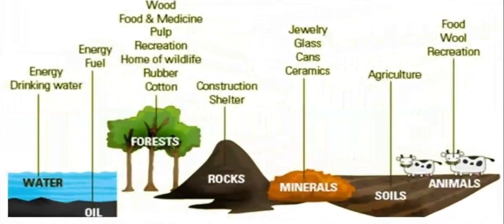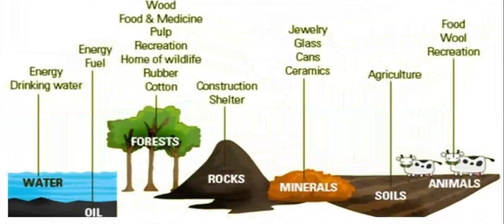We use these natural resources for so many purposes, like water is used for drinking and for producing electricity. Oil is used as a fuel to run vehicles. Plants or forests provide us so many things like wood, medicine, rubber, fiber, food, etc. Similarly, rocks are used for construction.